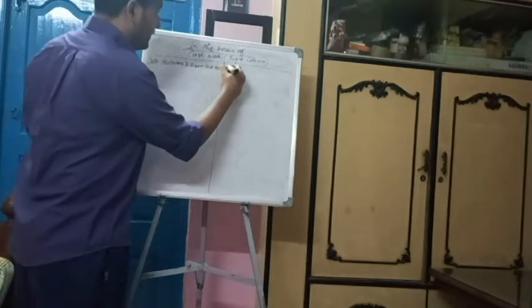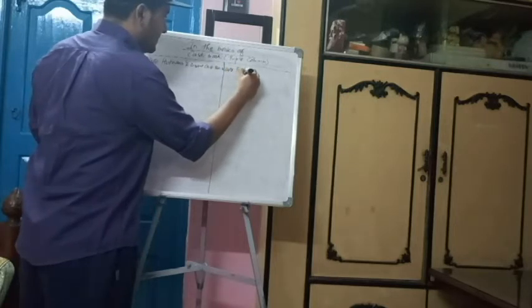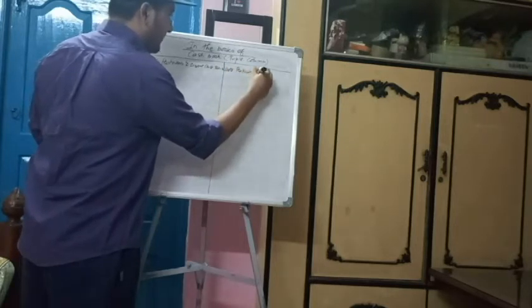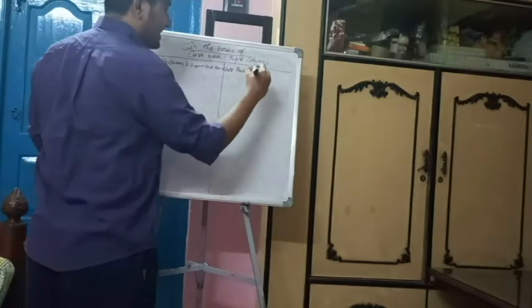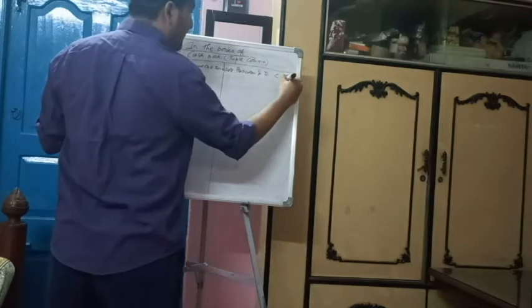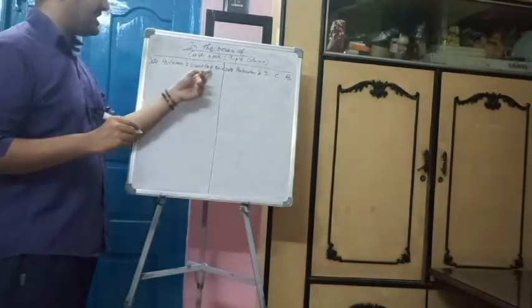Here also we do the same, date, particulars, ledger folio. I am just writing D for discount, C for cash, B for bank. Don't write this way in the exam. Write in this way, discount, cash and bank.